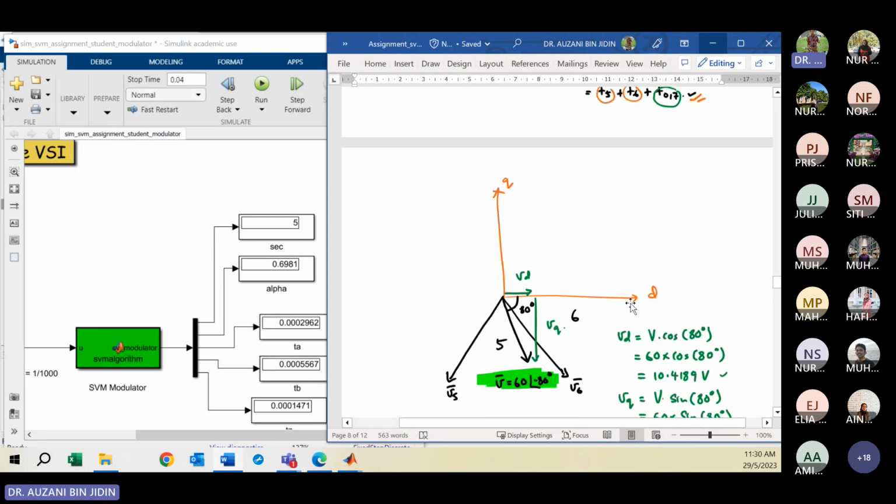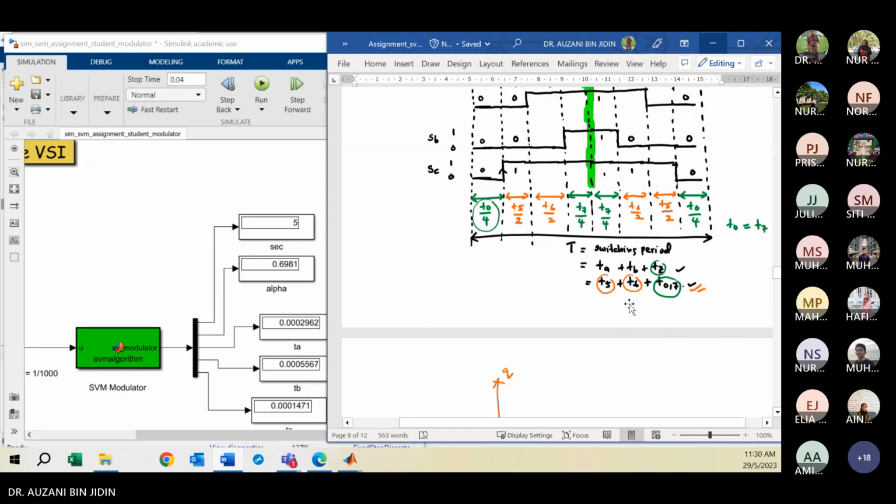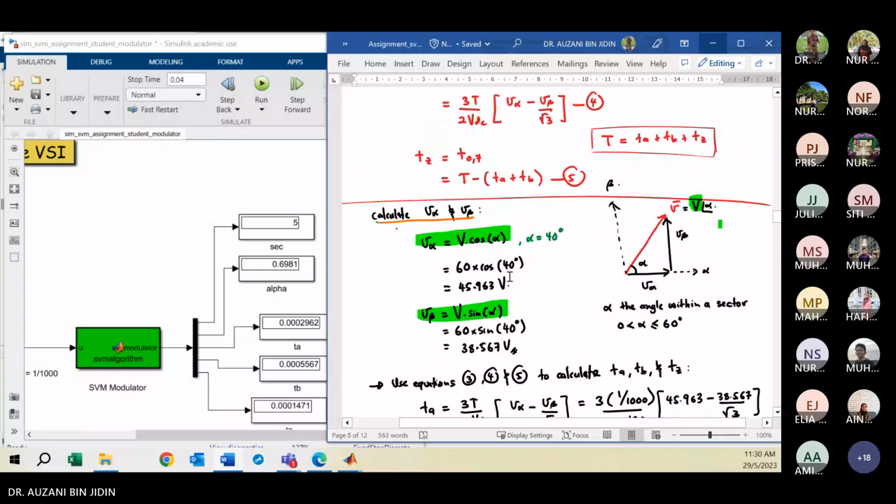For alpha, where is the alpha? Here, alpha, 40 degrees. But here it is in radian. So can someone try to convert the value? This one is in radian, so you need to convert into degrees. Is it right? 40 degrees.